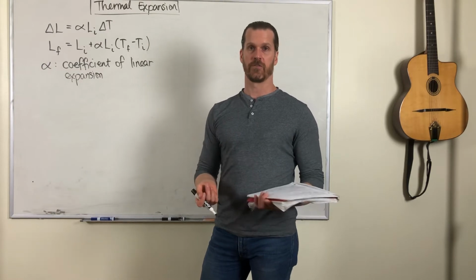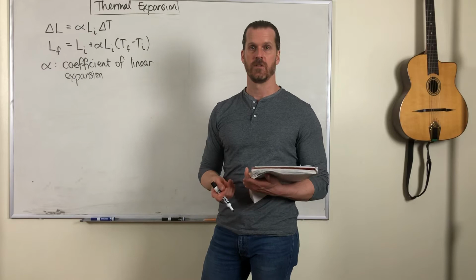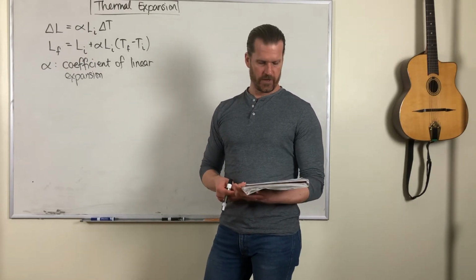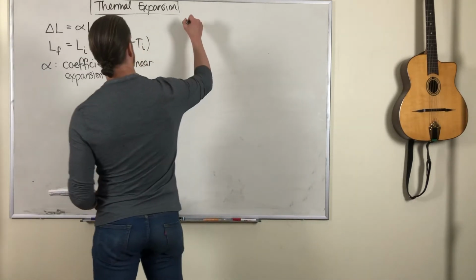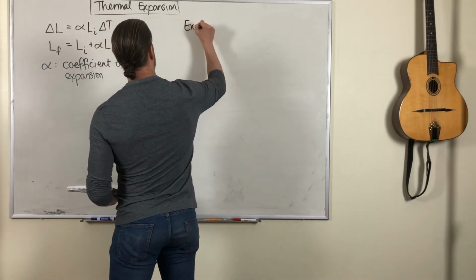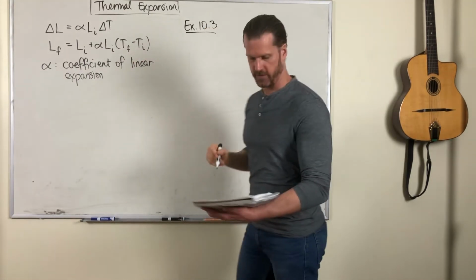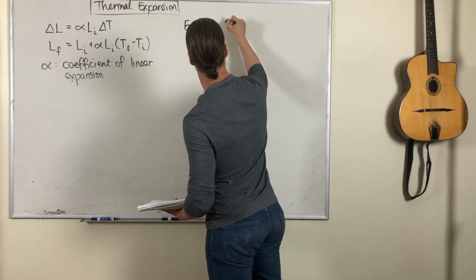Some materials will expand more in response to a change in temperature than others will. So let's do a quick calculation. This is example 10.3 from your textbook. It has to do with a steel railroad track.